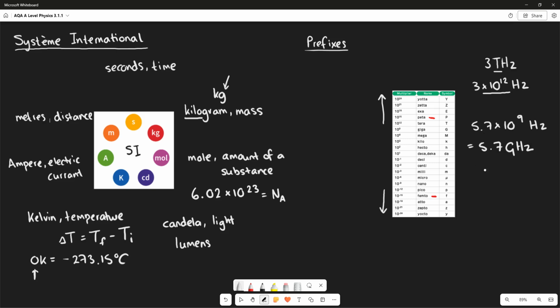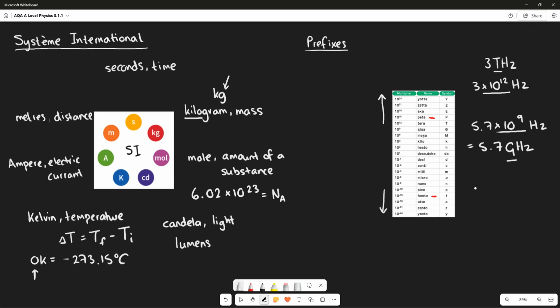Okay, and so on. So you'll notice that the prefix is being replaced by the numbers. If you're typing it into the calculator, you would type this for giga. If you are reading it off the calculator, you would see times 10 to the power of 9 and know that that's giga. So you should try to learn these.